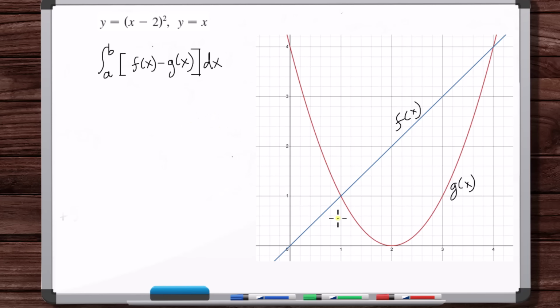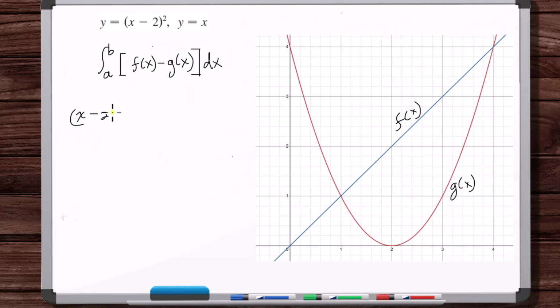But before we can set up the formula, we need to know what the endpoints are. So it looks like it's just 1 and 4, but let's see if we can verify this. That's an estimate, right? Let's see if we can get exact answers. So what would we do?